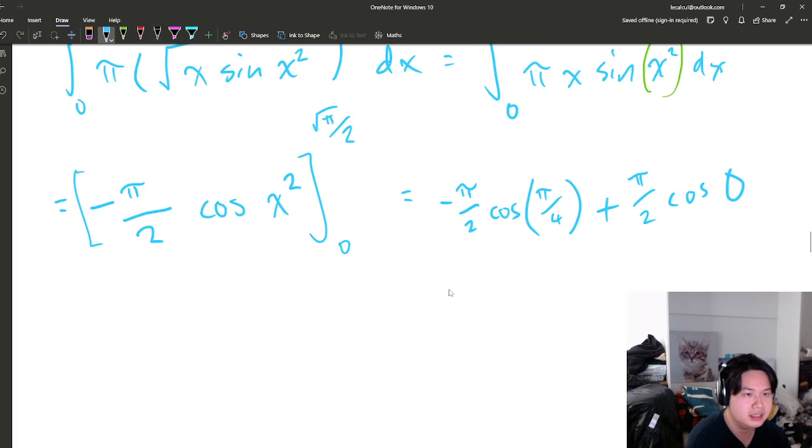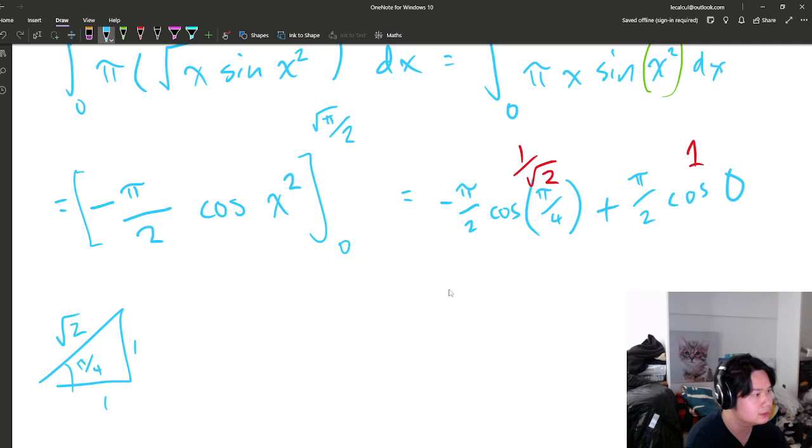Okay. More special triangle angle stuff. So this is 1. And then this is 1 over root 2. Right? 45 triangle, pi over 4. 1, 1, root 2.